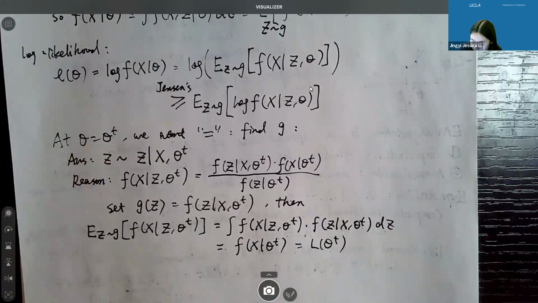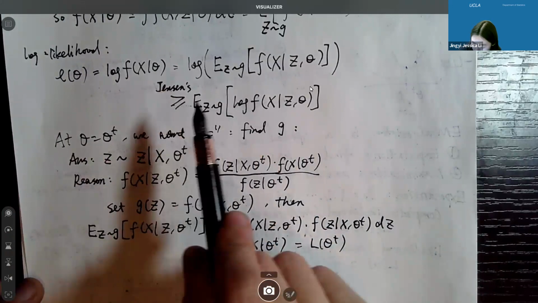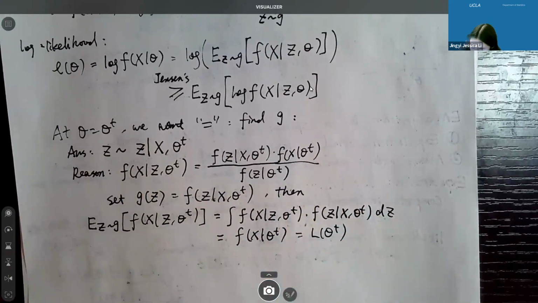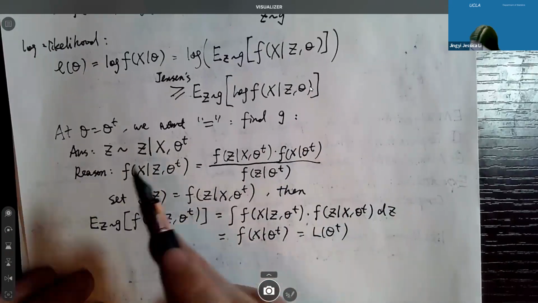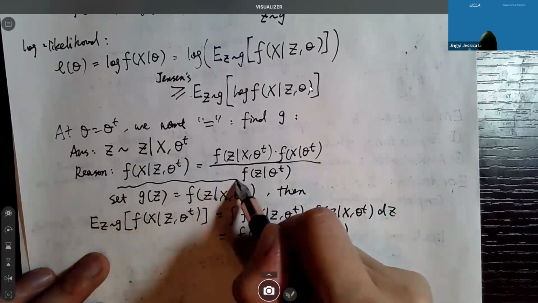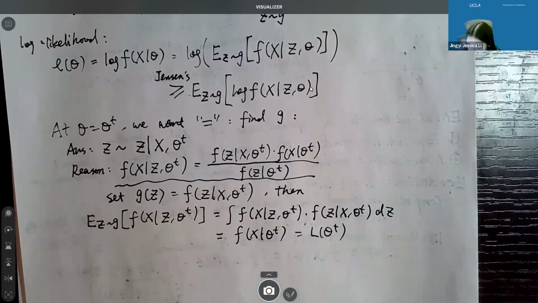And on the right-hand side, as long as Jensen's inequality holds, we have this as a constant regardless of the expectation of z.